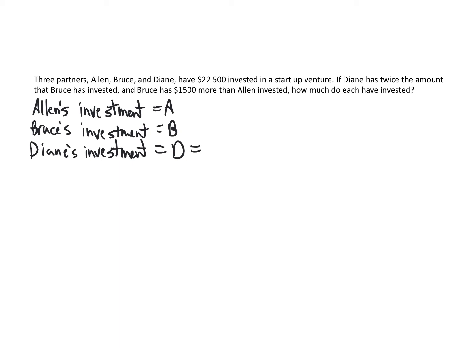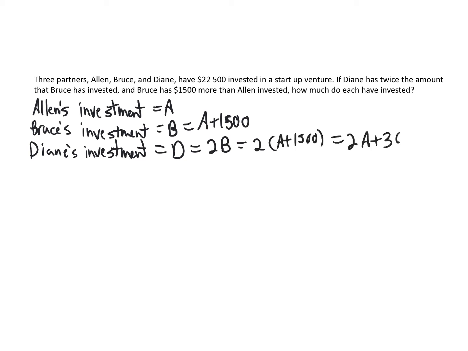So Diane is equal to 2 times Bruce. Another line says Bruce is 1,500 more than Alan. So Bruce would be Alan plus 1,500. And then we can put that into Diane, giving us 2 times A plus 1,500, which is 2A plus 3,000.